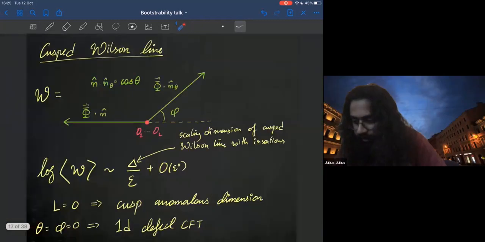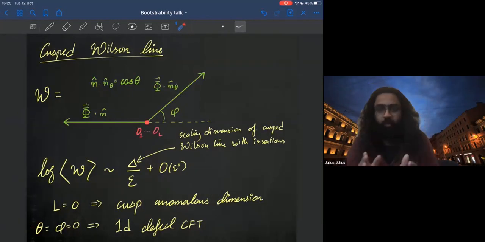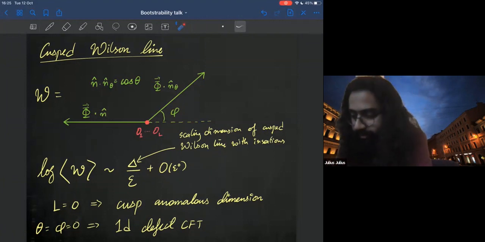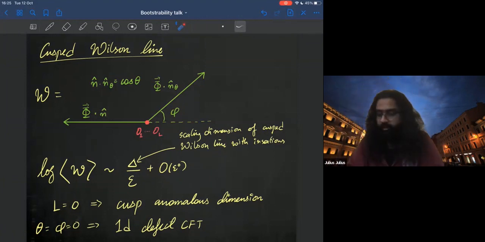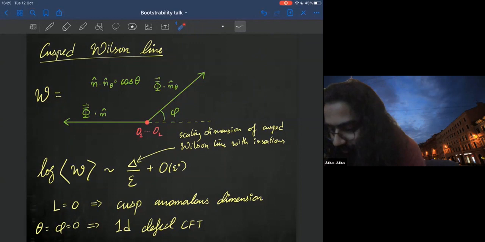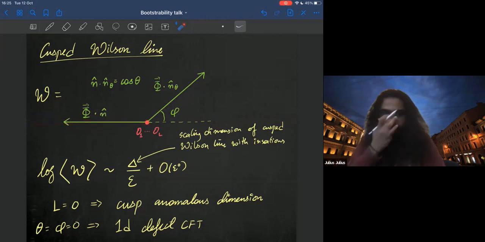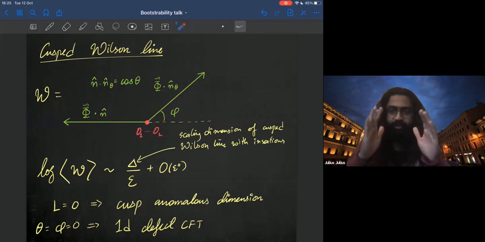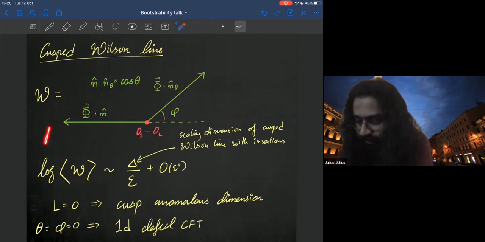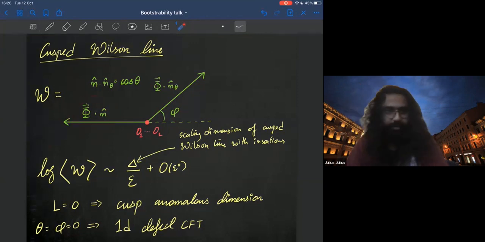Okay. All right. So, a small detour, and I want to introduce this observable, which is just a cusped Wilson line in N=4 Yang-Mills with some scalar insertions. I have here a Maldacena-Wilson line coming from minus infinity to this point. Because it's a Maldacena-Wilson line, I don't just have the gauge field, I also include a coupling to the scalars.